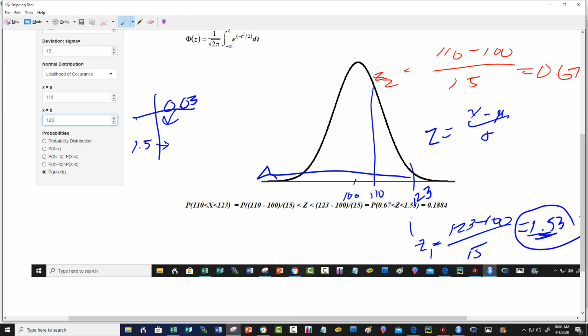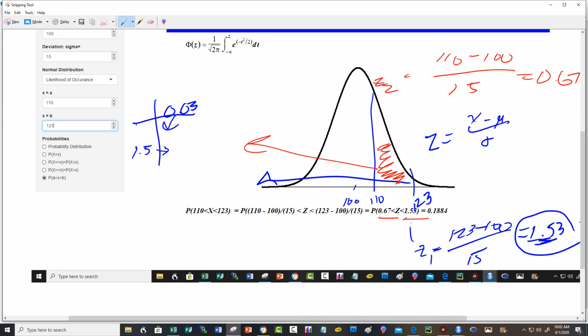And so this graph that shows our data between 110 and 123 is the same as the standard normal distribution between 0.67 and 1.53. And then once we have this value, where's my pen? There it is. What we're looking for would be the difference between them. Now, if you have the graphing calculator, it's a lot easier to compute this. It's also easy to compute this in Excel as well as in R.